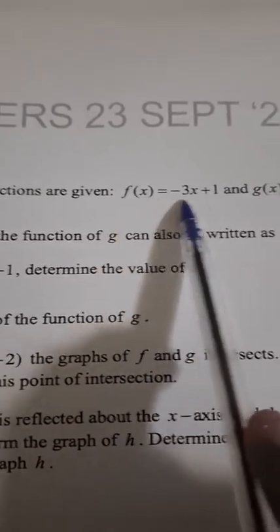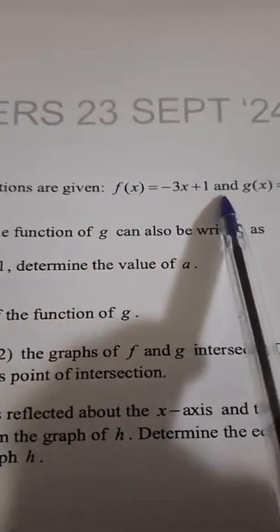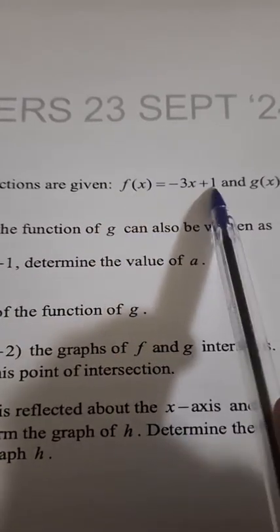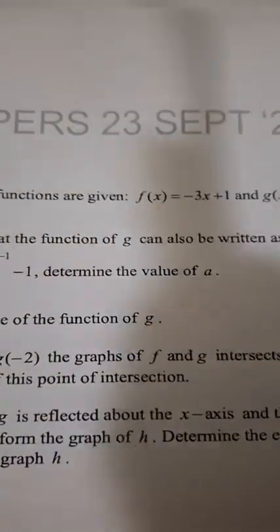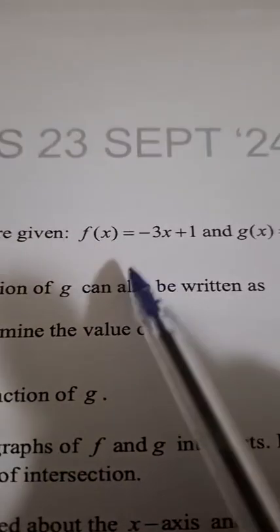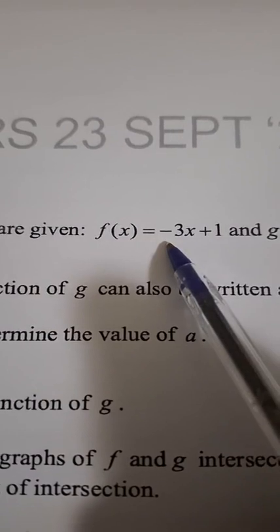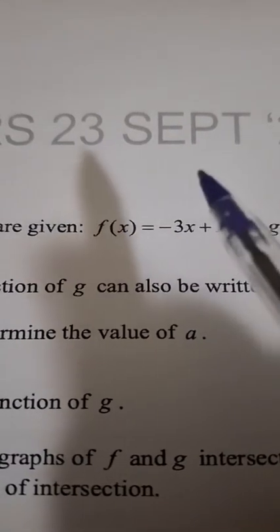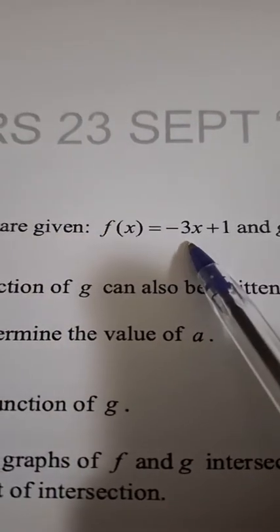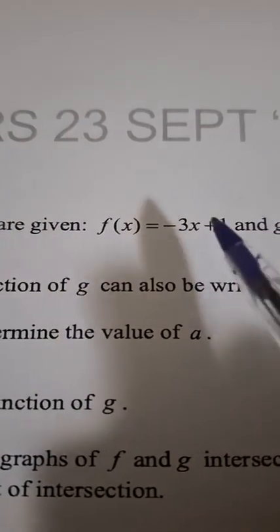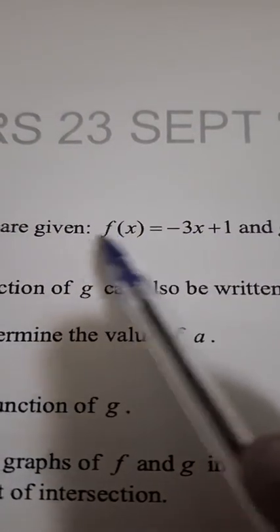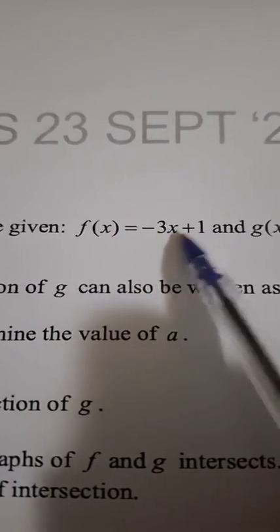So if you look at this first and foremost, this function f of x, what type of function is this? We have four types of functions in grade 10: a straight line function, a parabola or quadratic function, a hyperbola function, and last but not least, an exponential function. So f of x is equal to negative 3x plus 1.